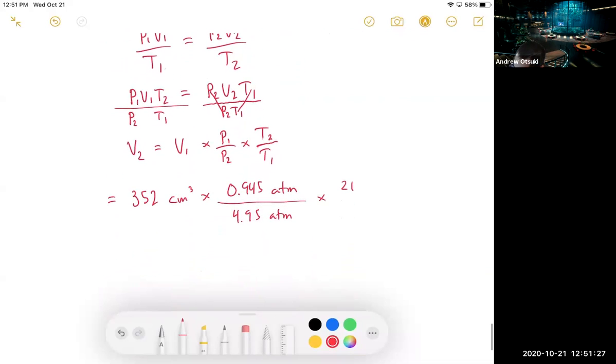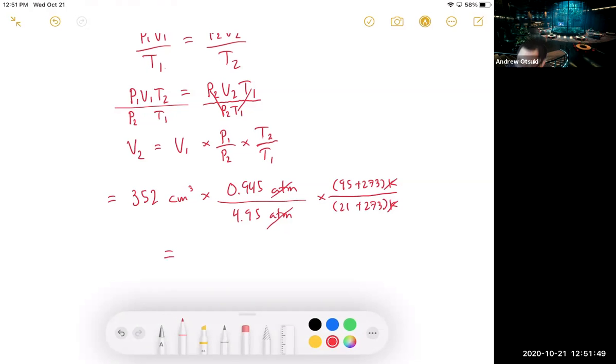Our final temperature is 95, so that should be here: 95 plus 273 K over 21 plus 273 K. K's will cancel out, and what we're left with is 84.1 centimeters cubed. So our volume decreased.